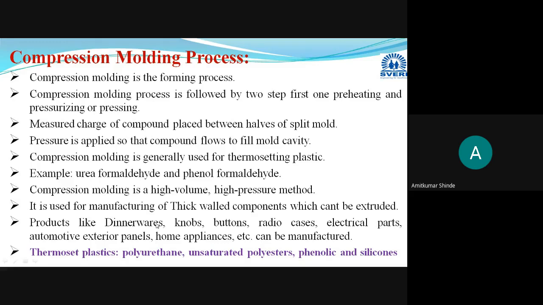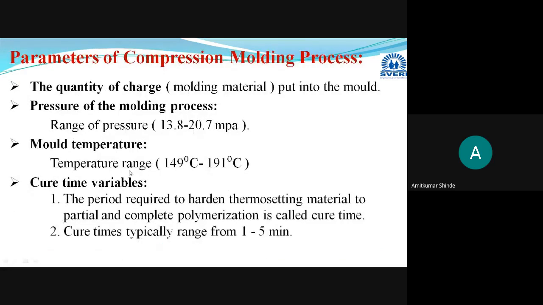The compression molding process is a high volume and high pressure method. These are the very important parameters for this process. Quantity of the charge, which is nothing but your plastic material. Then the pressure of the molding process, which should be in this range only. And the molding temperature of the mold, which should be in the range of 150 to 200.